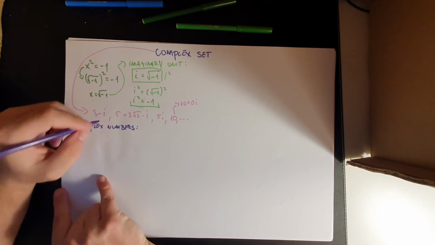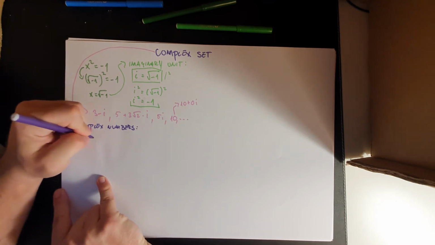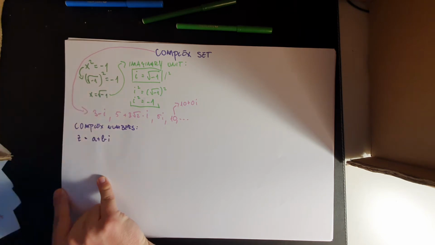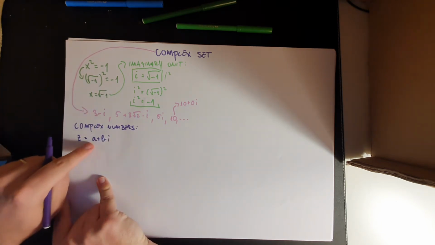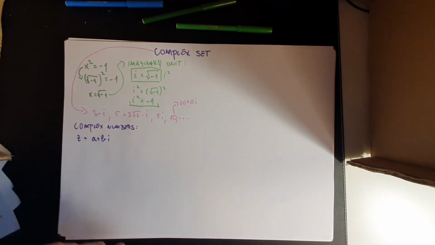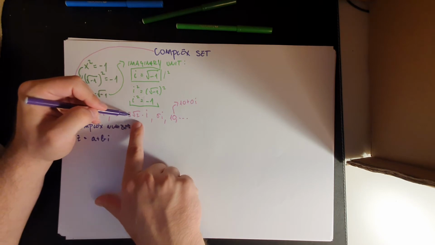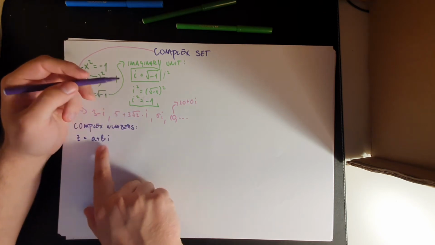We usually use the letter z, and we say that z is equal to a plus bi. This is the definition of a complex number, where both a and b can be any real number. So 3 is a, 3 times square root of 2 is b, etc.